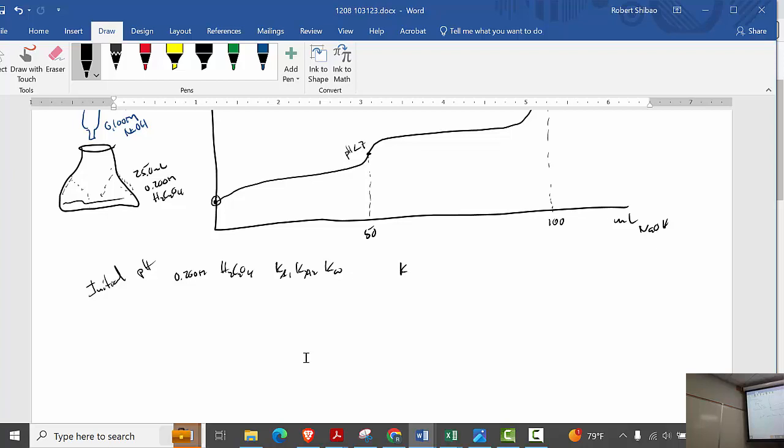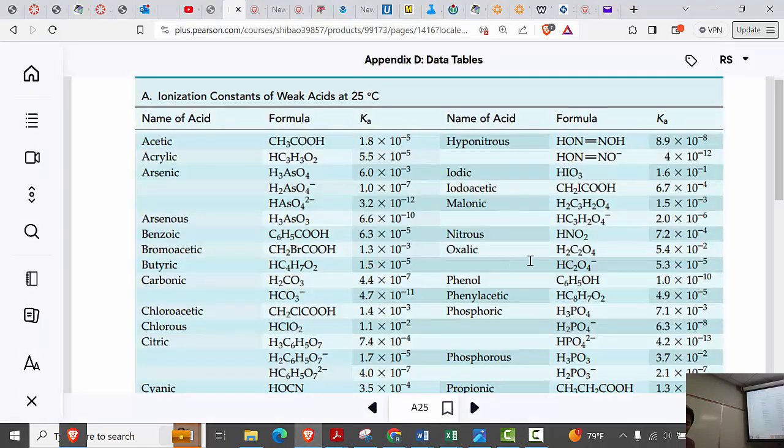But let's take a look at the Ks first. Ka1 is 5.4 times 10 to the minus 2. Ka2 is 5.3 times 10 to the minus 5. That just came from the book here.